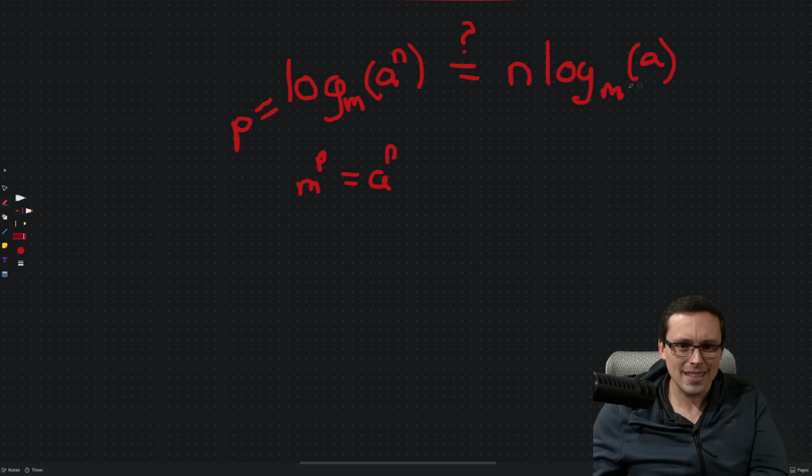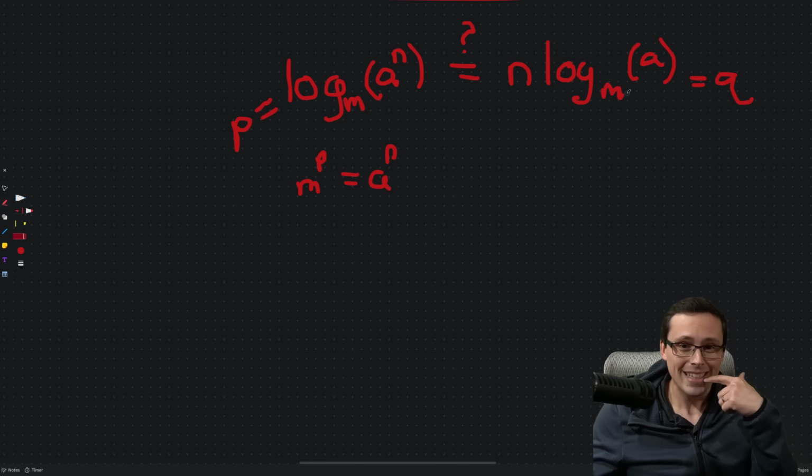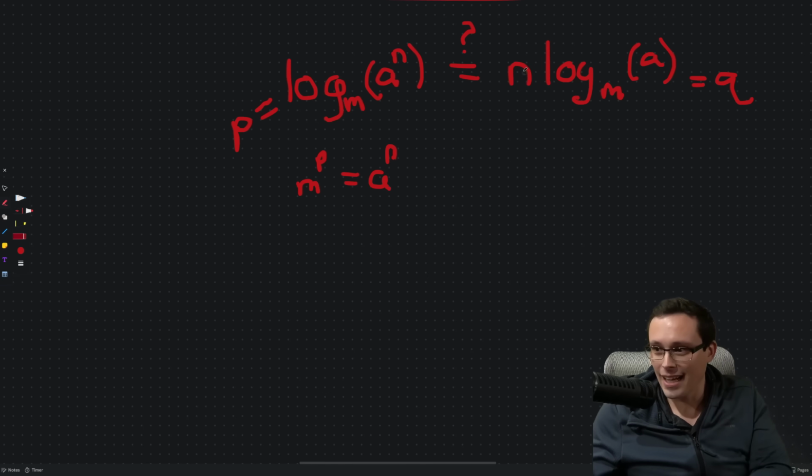Well, to express this as an exponent, I could say, okay, I want this whole thing to be equal to q, and then I might try to write it as an exponential again. The problem, though, is that this n is sort of in the way, because now I can't just ignore that and say m to the power of q is a.